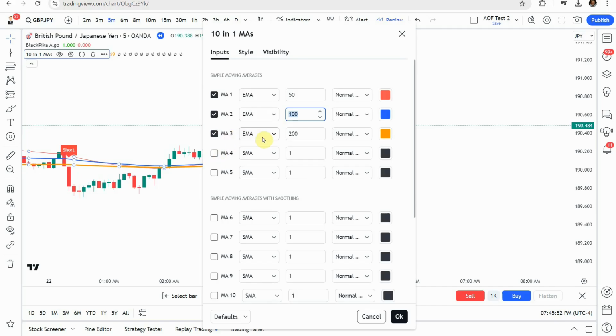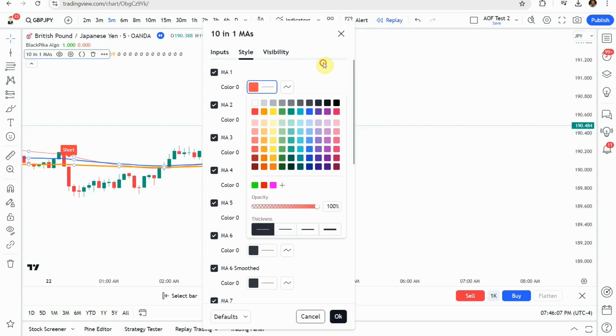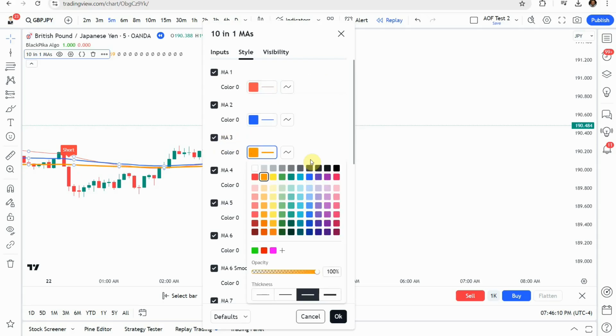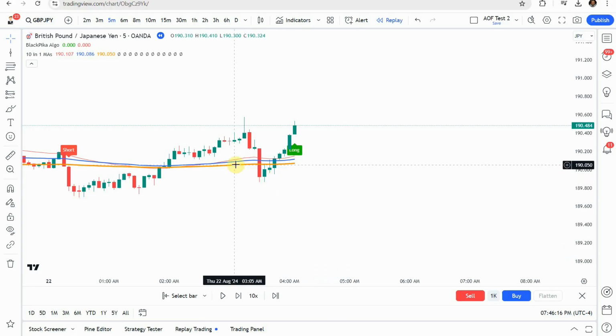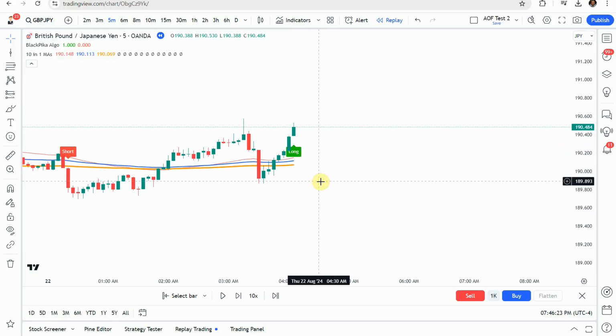The MA3 also an EMA and a period of 200. You can make these colors whichever ones you wish, and you can jump into the styles and you can change the line weight. And so what I did was MA1 being a 50, I made it a very thin line weight, and MA3 being the higher moving average time frame, I made it a larger line weight, and so they're just a little bit easier to distinguish one from another. Once you have that set up, go ahead and click OK.